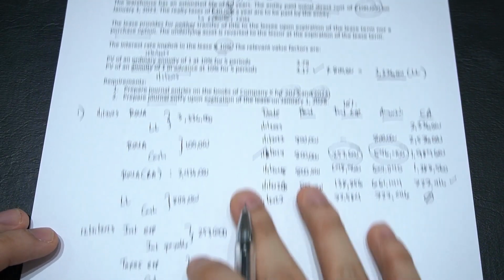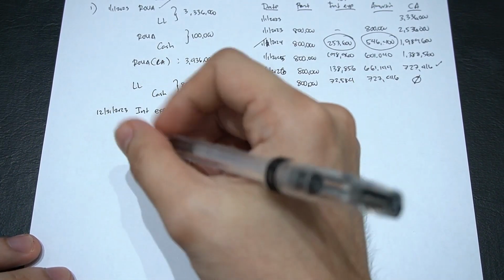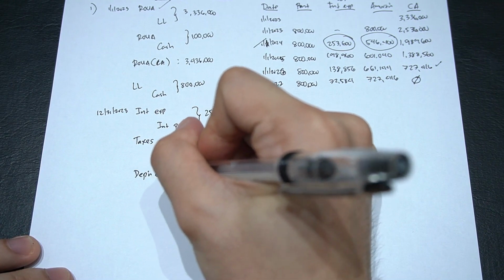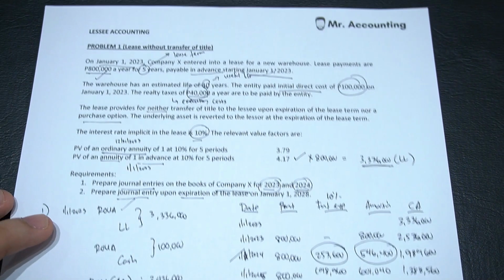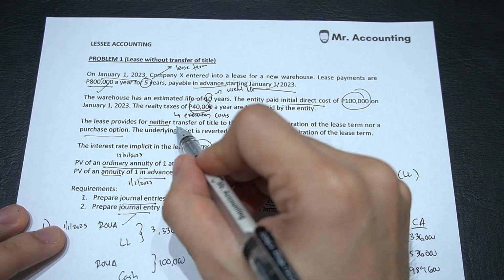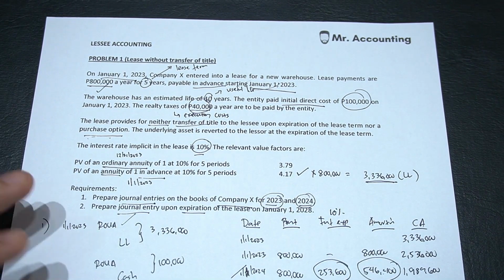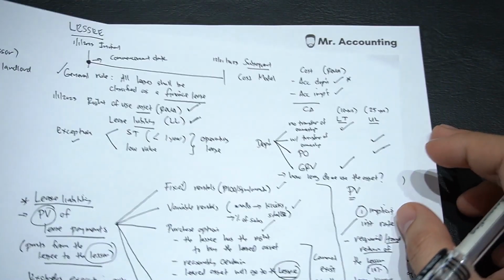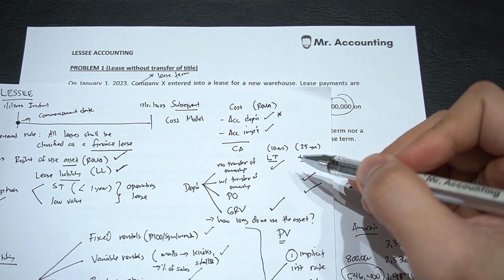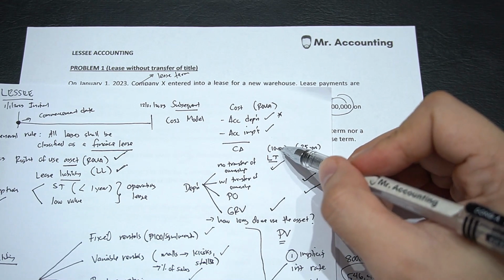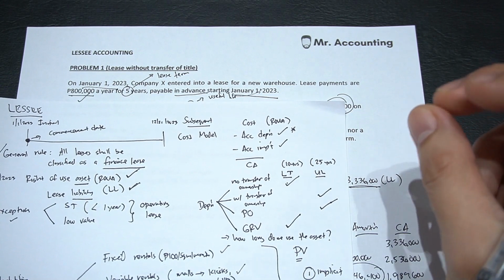Alright? And don't forget, class, every December 31, since meron tayong asset, we have to depreciate. Debit depreciation expense, credit accumulated depreciation, how much? Okay. So, sabi dito, class, wala daw transfer of title and walang purchase option. So, ano yung useful life na gagamitin natin as denominator? So, pag walang transfer of title, no transfer of ownership, and then wala ka rin namang purchase option, ibig sabihin, class, after the lease term, in this case, 5 years, mapupunta na kay lessor yung property.